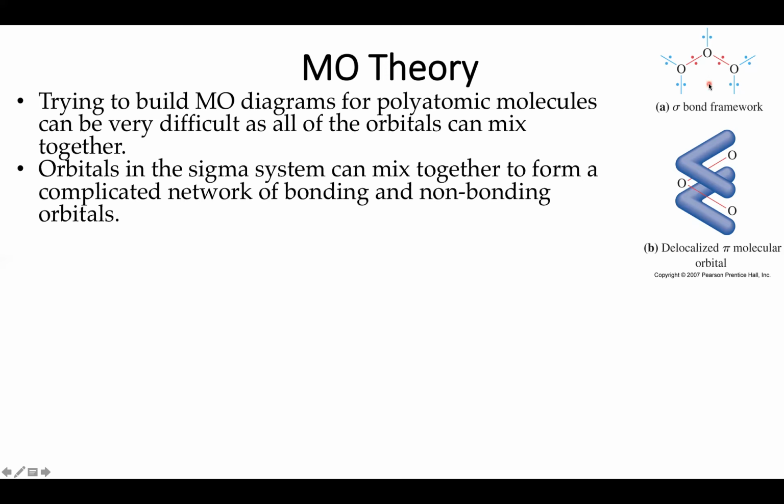So we know that we're going to have a sigma network based on our electron domains that is going to have 1, 2, 3, 4, 5, 6, 7 sets of orbitals, giving us 14 electrons.